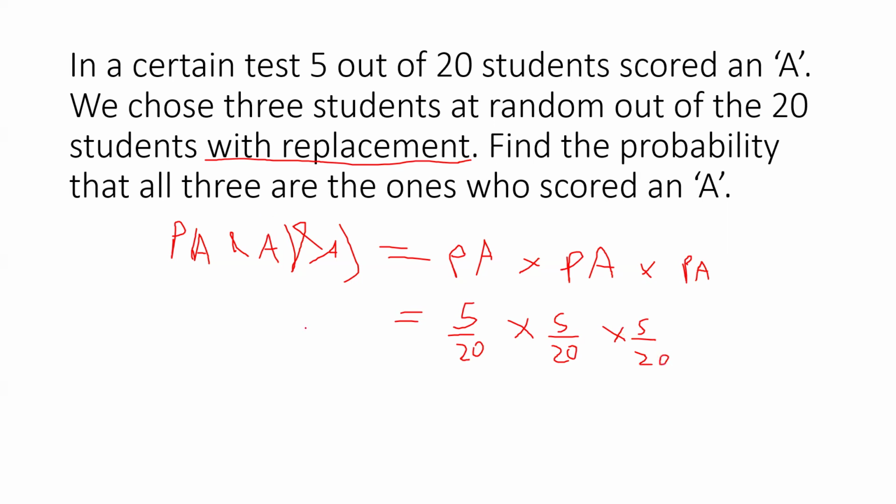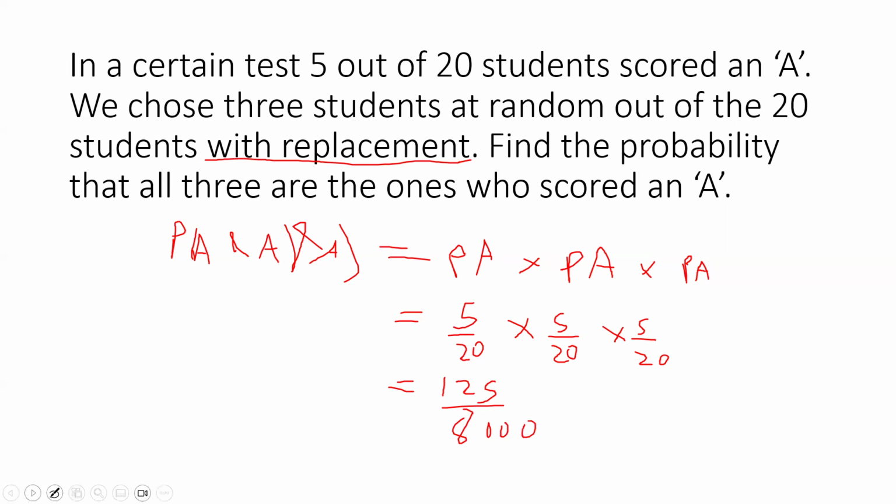And this is because of the words "with replacement". And 5 times 5 times 5, I think it's 125. And then 20 times 20 times 20, I get 8,000. And then you can just simplify that.